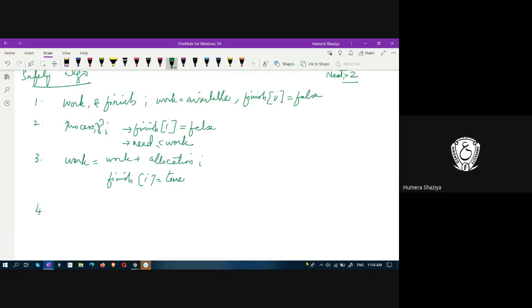And then you have to go to step 2. Why do you have to go to step 2? You have to perform this in iteration. Steps 2 and 3 are executed in the form of a loop until all the processes finish. If finish of I is equal to true for all I, for all processes, it implies that the system is in a safe state.